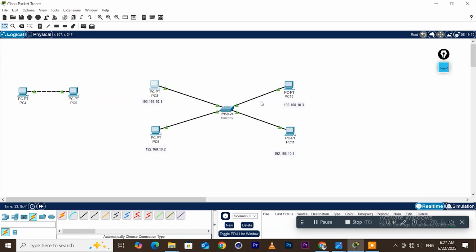So this setup will work on a switch that has not yet been tampered with, or that does not have any configuration on it yet, because all ports on a switch are by default in VLAN 1. So since they are in the same VLAN, most definitely they will communicate.